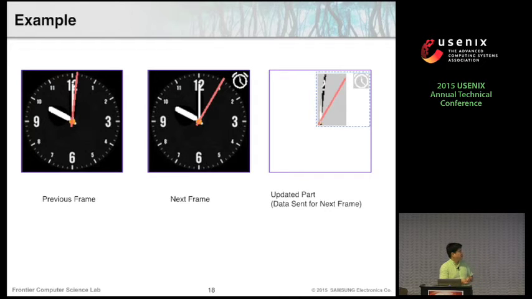The updated part is shown in the right-hand side, and you can see that only one clock hand and an icon of an alarm clock are shown. That is the updated part, but because we are supposed to give the inputs as a rectangle, we are sending the information in the dotted rectangle here.